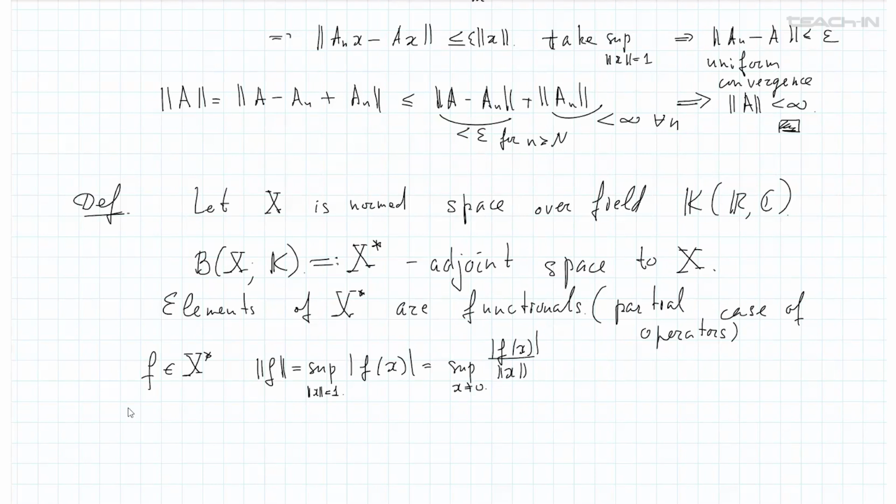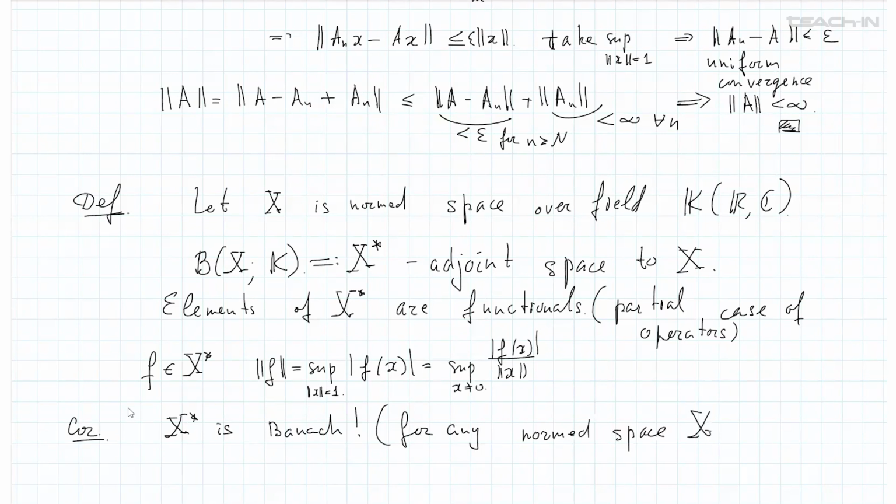So, a corollary from the previous theorem: X star is a Banach space for any normed space X, because all fields, real numbers or complex numbers, are complete.